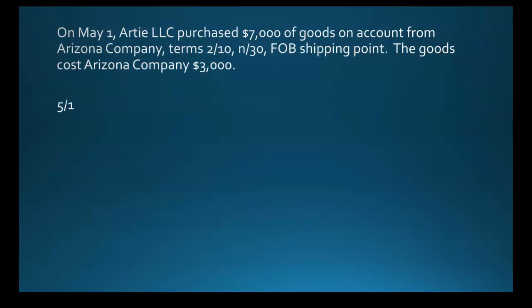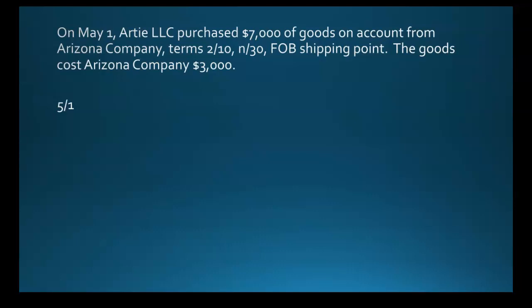Those terms, which we read as 2/10 net 30, mean they'll get a 2% discount if they pay back within 10 days, or they have to pay the net, all of it, within 30 days. FOB shipping point means that the buyer has to pay for shipping.